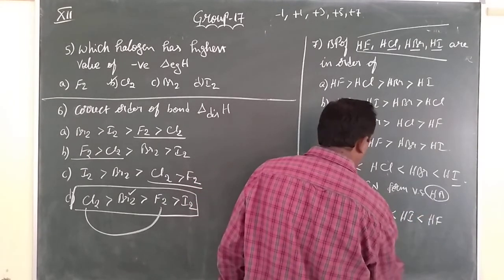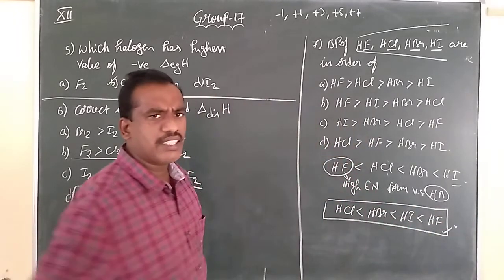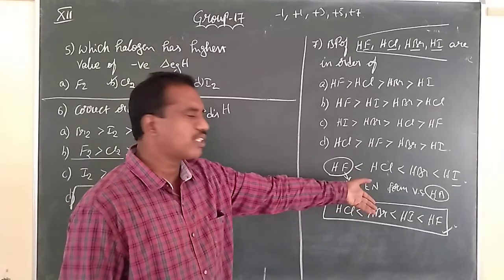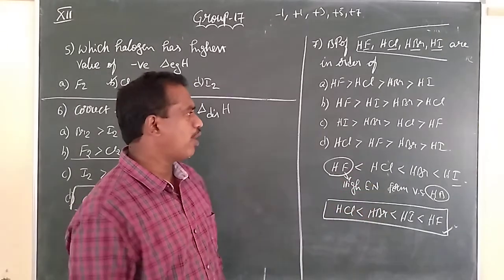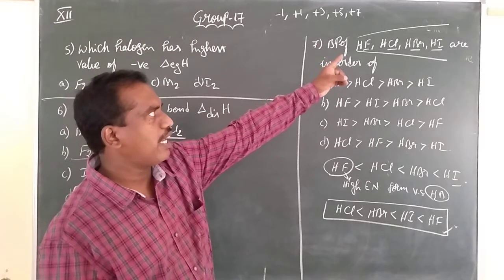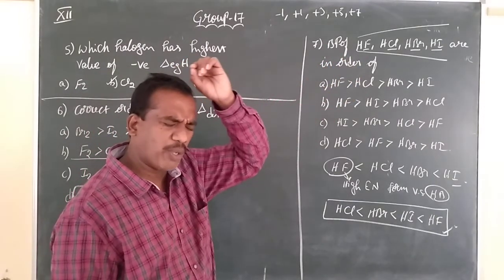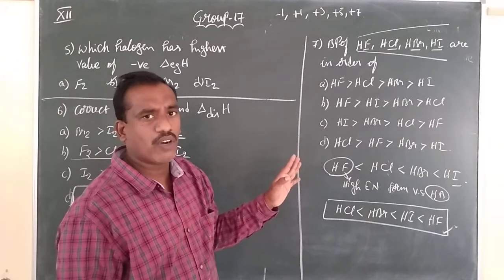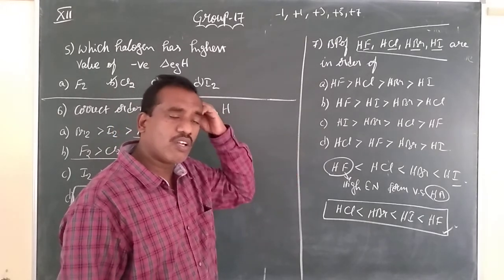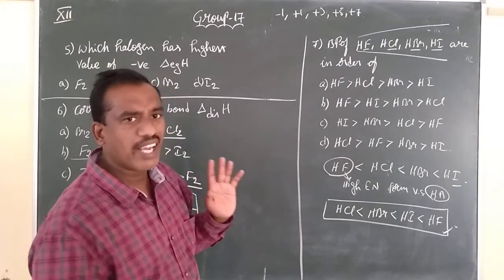On top comes hydrogen fluoride. Among all hydrogen halides, it is having the highest boiling point only due to high electronegativity, which forms very strong hydrogen bonding. So, which will be your answer, children? Keep in mind, when the halogen mass is increasing, boiling point will increase. But prior to that, hydrogen fluoride is forming hydrogen bonding. Hence, it is having a much higher boiling point than the remaining hydrogen halides.